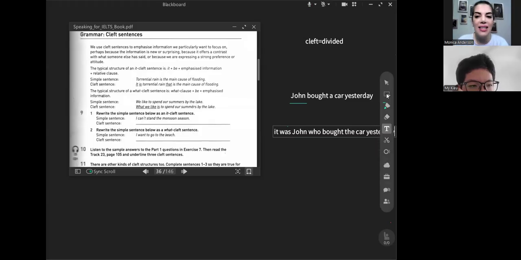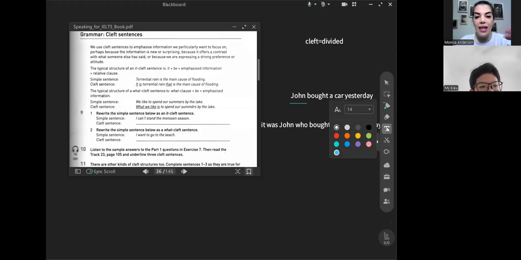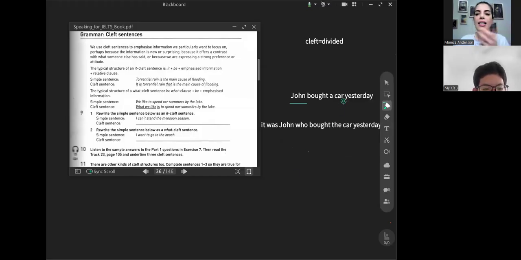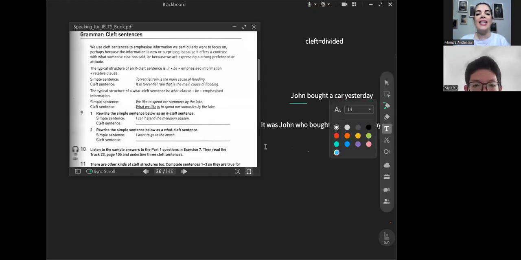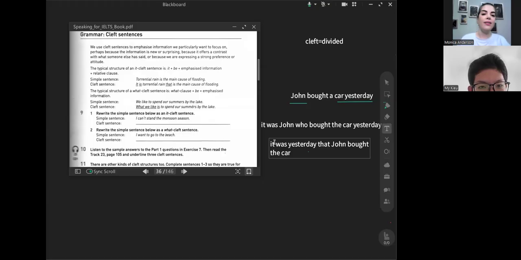This is a cleft sentence. As you can see, the first part, okay? I emphasized John. I focused. Now, if I want to take this focus and put it on yesterday, I say, it was yesterday that John bought the car.